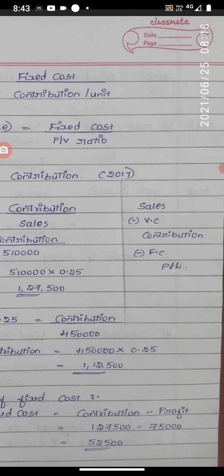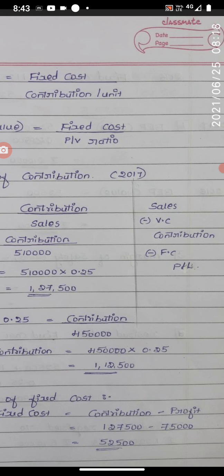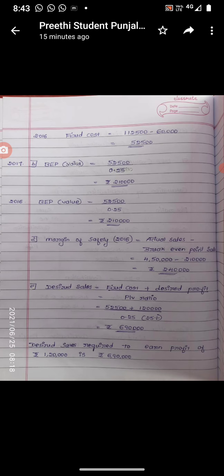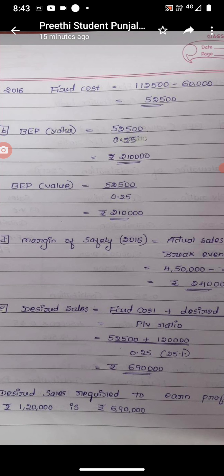So 2017 profit you know, 75,000, 2017 contribution, 1,27,500, so 52,500. You can do it for 2016 also. There is nothing wrong. You see, we have done it. It is the same information you get.